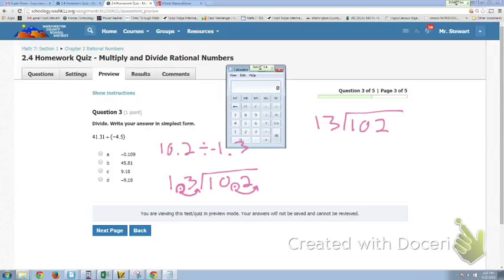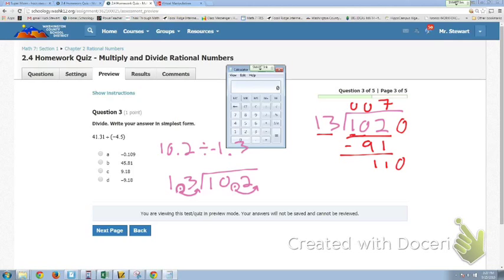So now we just go, all right, how many times can 13 go into 1? 0. 10? 0. 102? Well, let's see. 102 divided by 13. That's 7 whole times. So 7 times. And 7 times 13 is 91. Bring it down. 1, 1. 13 into 110.